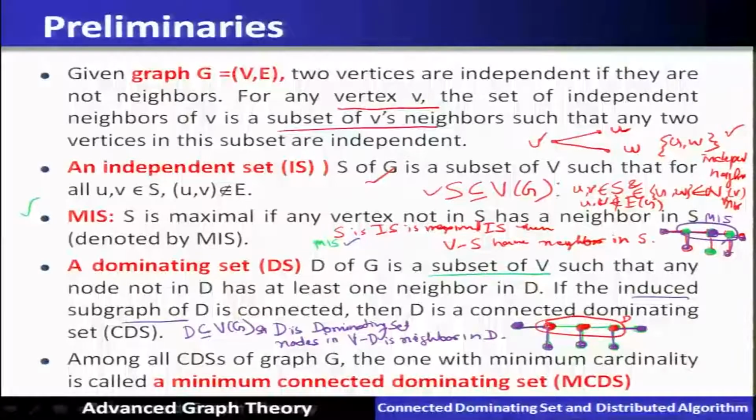For example, here the induced graph of D is also connected, therefore it is a connected dominating set.